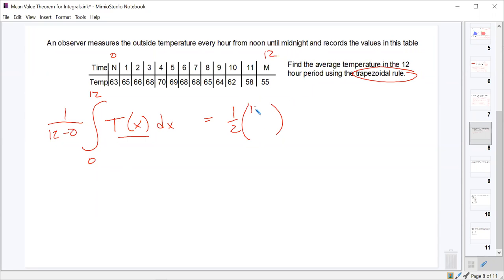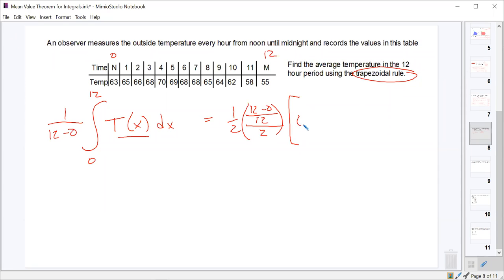So that'd be 12 minus 0 over 12, b minus a over n, divided by 2. So what are we really going to have out in front of that? Should have a 1/4 out in front of the whole thing. Yeah? Yep, hopefully so. All right.